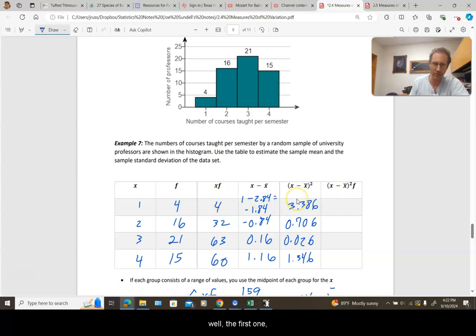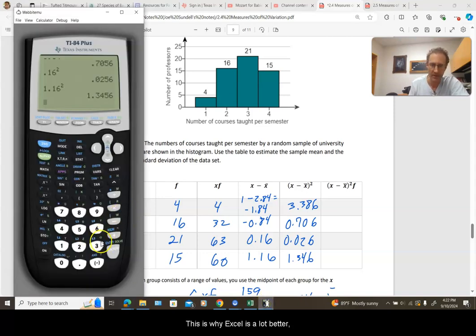So, well, the first one, this times the frequency of 4. This is why Excel's a lot better, guys, because Excel will churn out these tables.